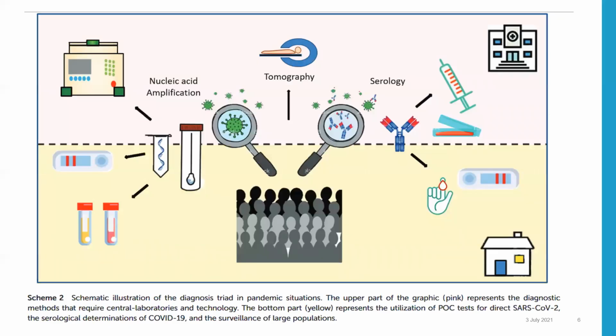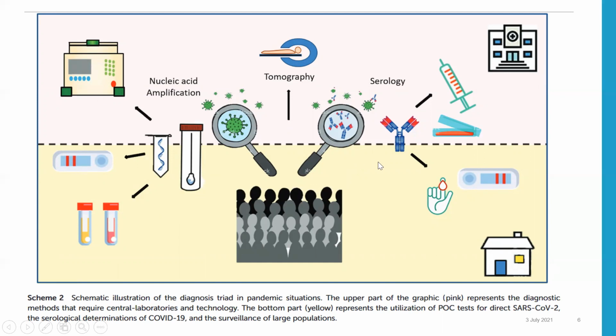Now, here in the schematic illustration, as you can see, there are two types of tests. We have the nucleic acid amplification test, using a swab placed in a tube with viral transport medium, and then you have the DNA or RNA of the virus, detected through lateral flow or PCR.